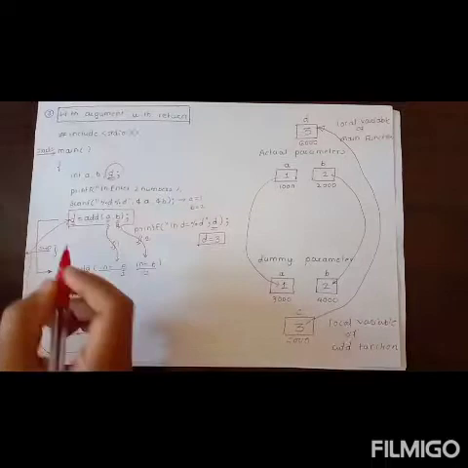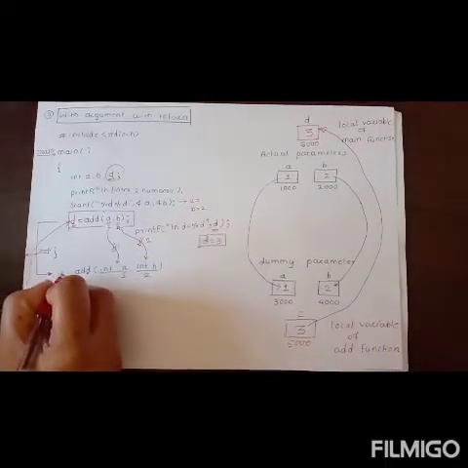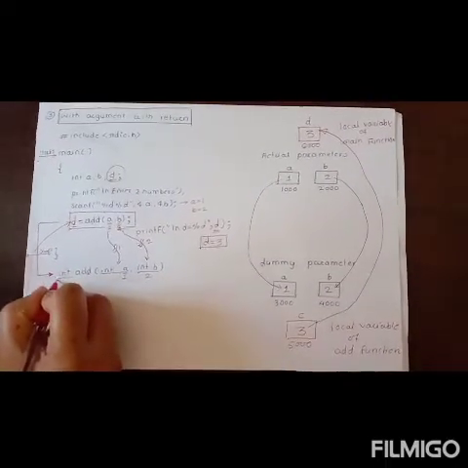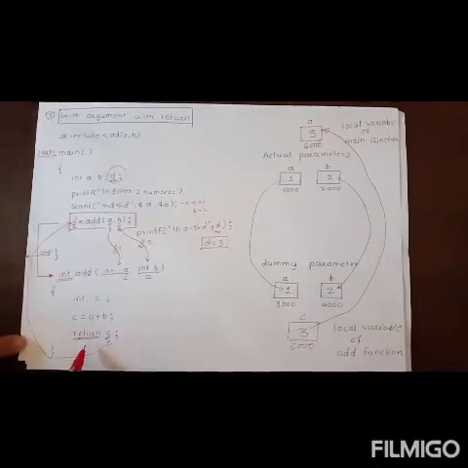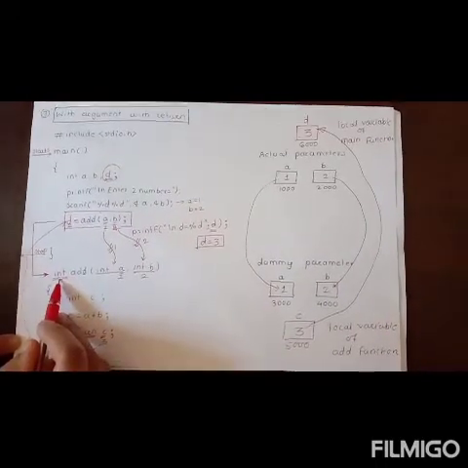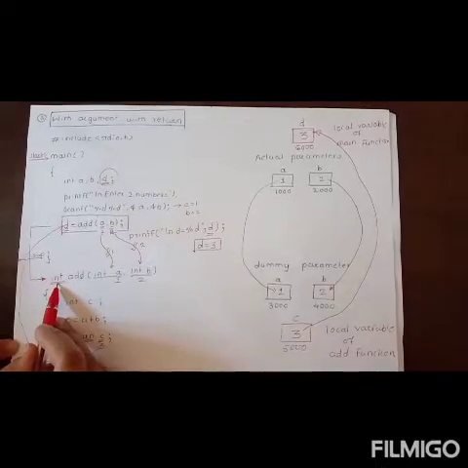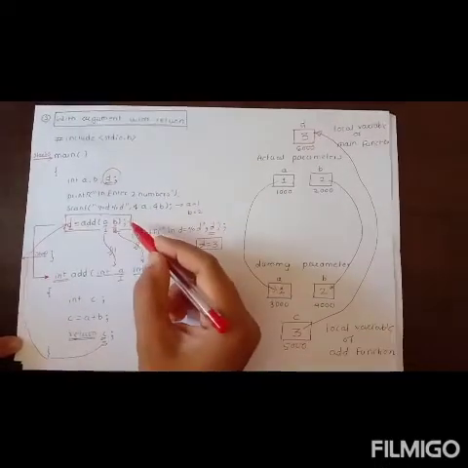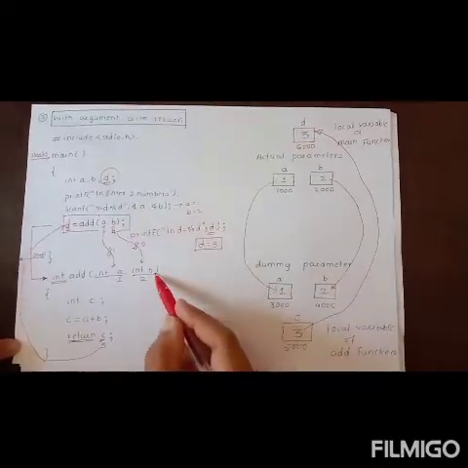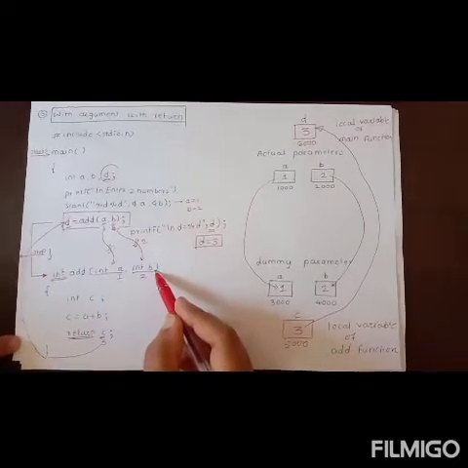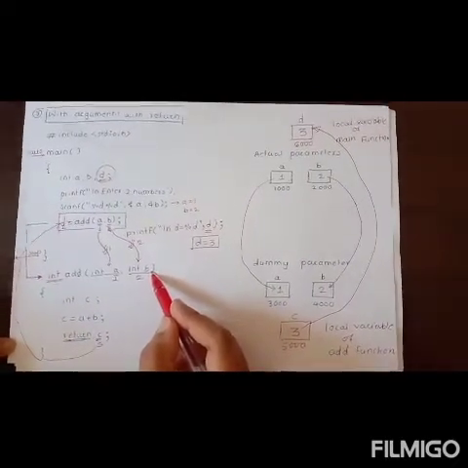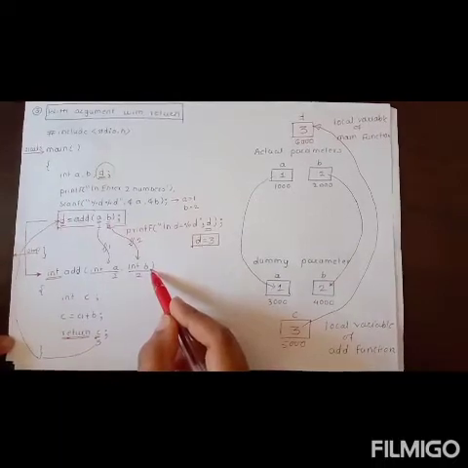So the return data type of this add function is integer. Okay, so in the definition I'll just add the return data type int, and now this is what? A function calling. This is a function definition, and now one more part is left, that is a prototype declaration.